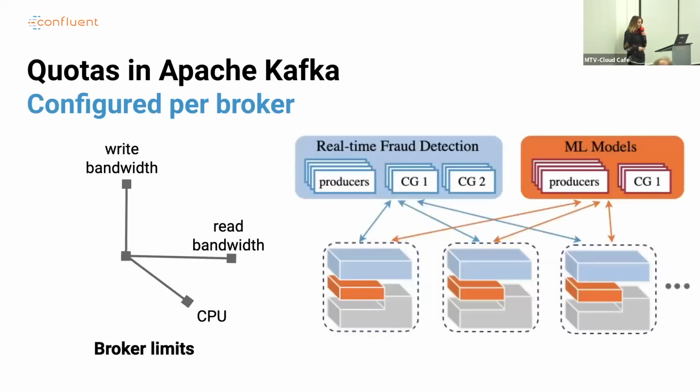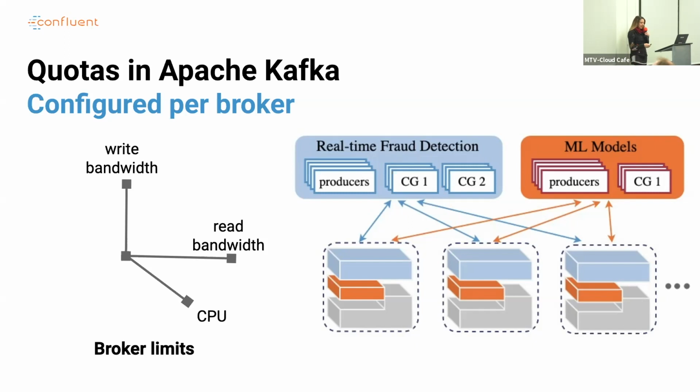And if you think that way of the broker, now I present it as a model of this three-dimensional resource space. You have whatever maximum write bandwidth your broker can do, maximum read bandwidth, and you still have that CPU we set aside.